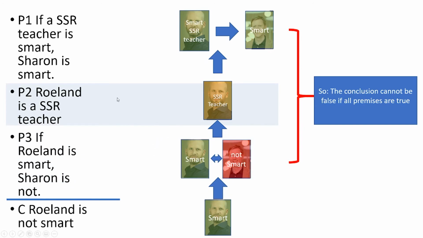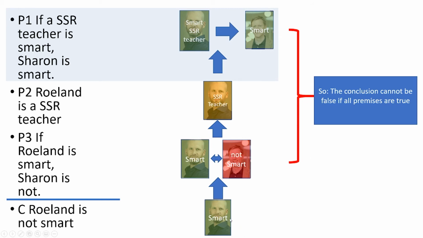We add that. And then we get to the first premise, which says that if an SSR teacher is smart, and again, we're assuming that I am smart and I am an SSR teacher. So indeed, an SSR teacher is smart. That must mean that Sharon is smart. But we also assumed in premise 3 that Sharon is not smart. So that's a contradiction, right?